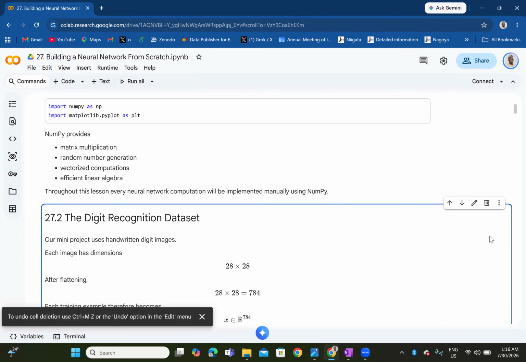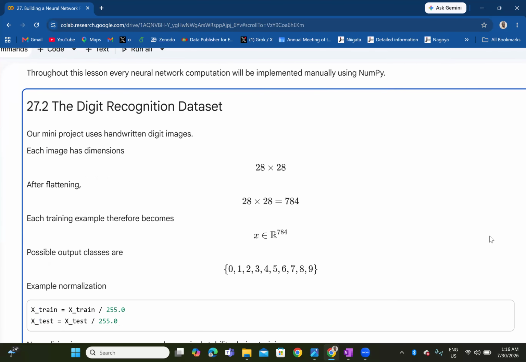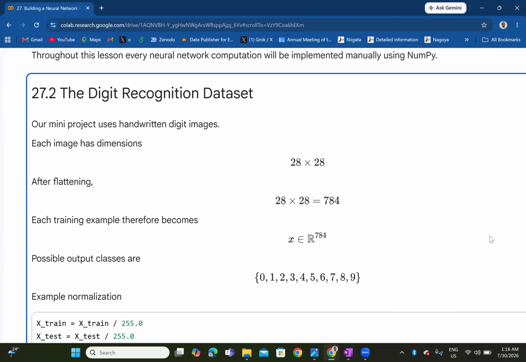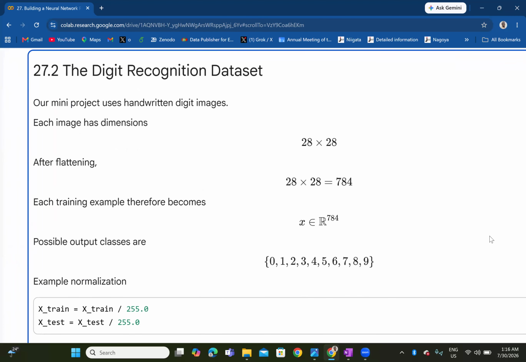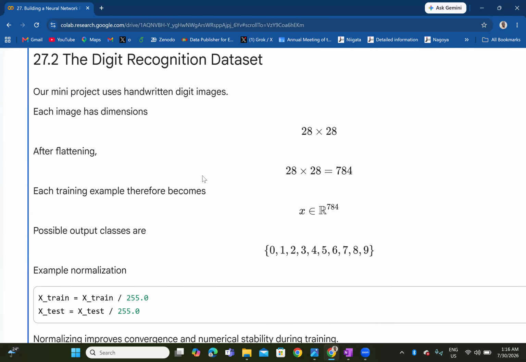So with that out of the way, we move on to the dataset. Our mini project uses handwritten digit images. Each image has dimensions 28 by 28, and after flattening we get 28 by 28, which is 784.